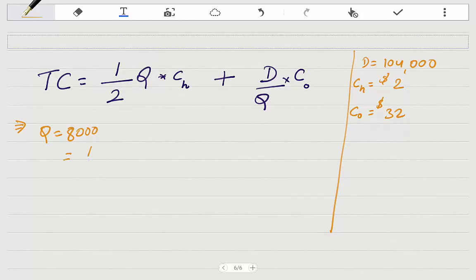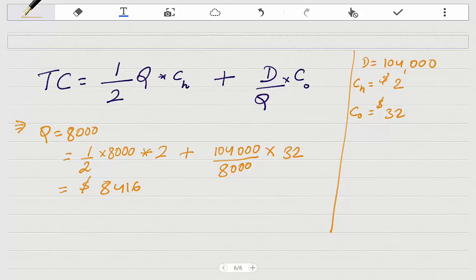Well, your total cost would be half, and you're going to replace Q with 8,000. 8,000 times your holding cost of $2, plus your total demand, 104,000, divided by your Q, 8,000, times your cost of ordering, $32. Well, you do the math, this comes out to be 8,460.